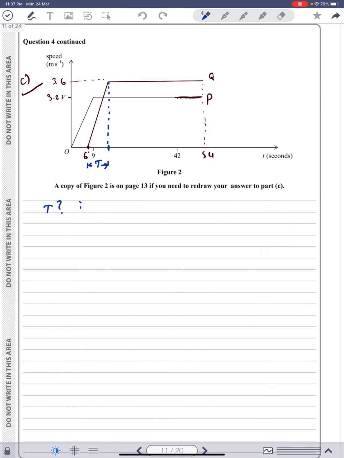So first step, we calculate the new distance travelled by both. Of course, we have many alternative ways here, but the easiest way: cyclist P finished his journey travelling 120 meters, which is until here.